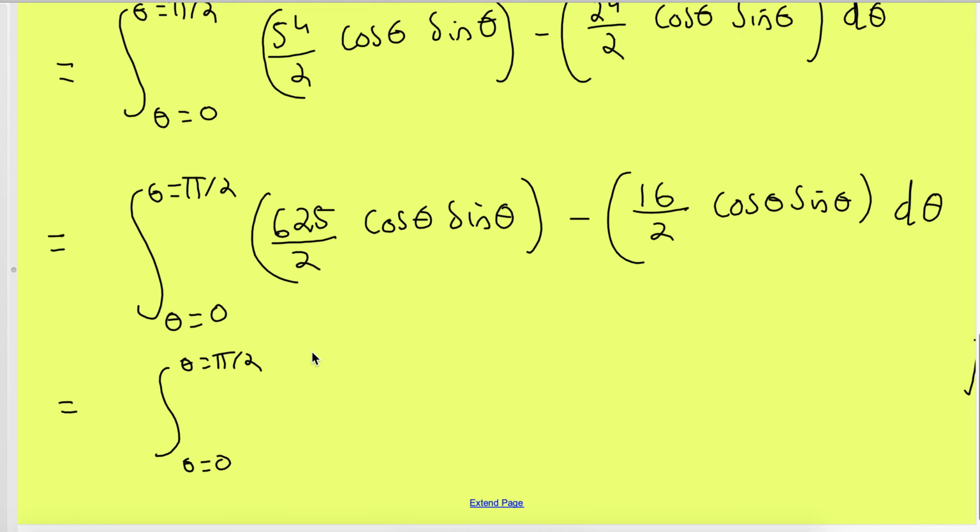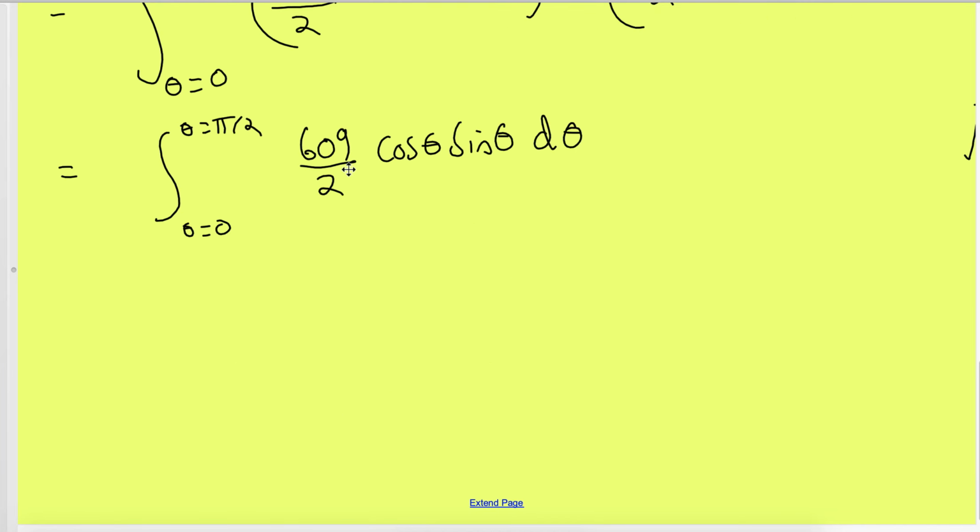Right, so that gives me 609 over 2 cos theta sine theta d theta. Right. Now, to make this a wee bit easier, I'm just going to take that constant number that's multiplying everything out before the integral sign. Could have done that with the 2 at the start of the question, but I didn't.